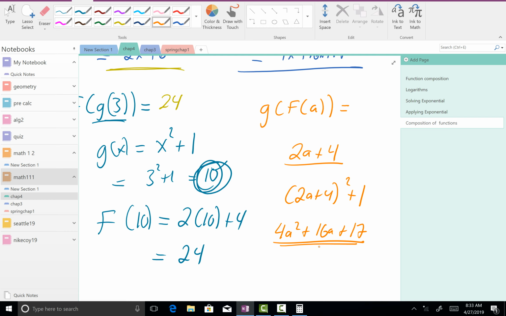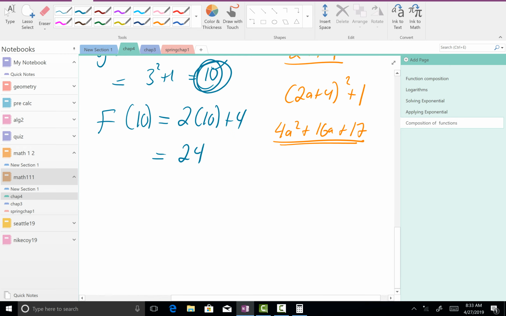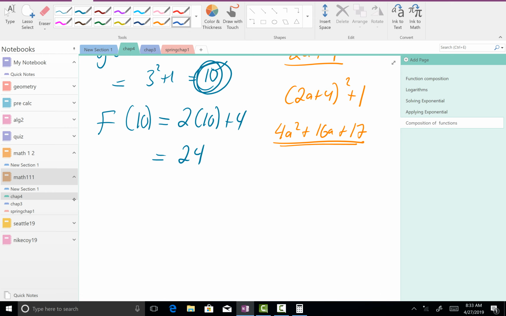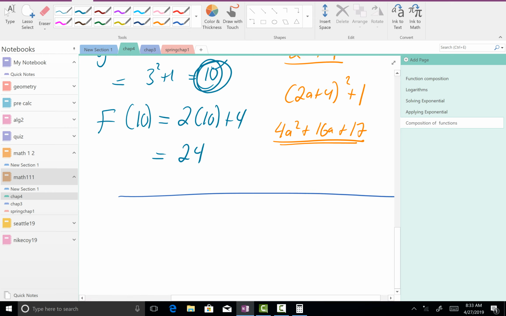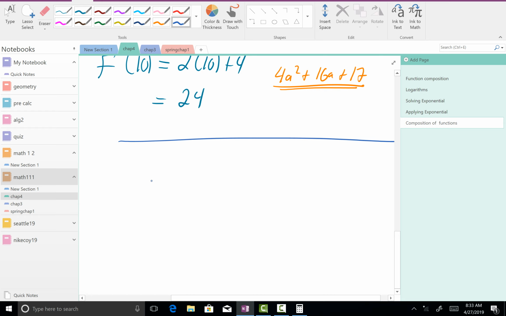Any questions on the function composition part, kind of on that? Okay, so what we're interested in then also is the domain or range of these functions, and particularly the composition.